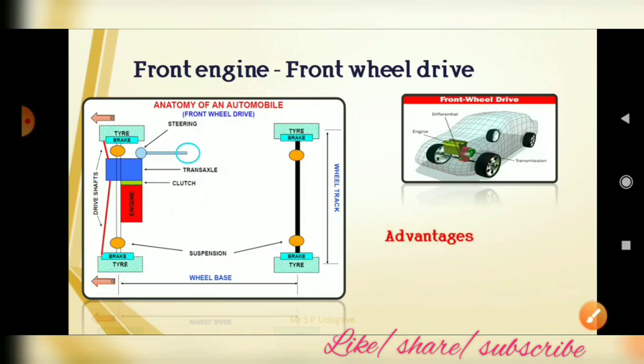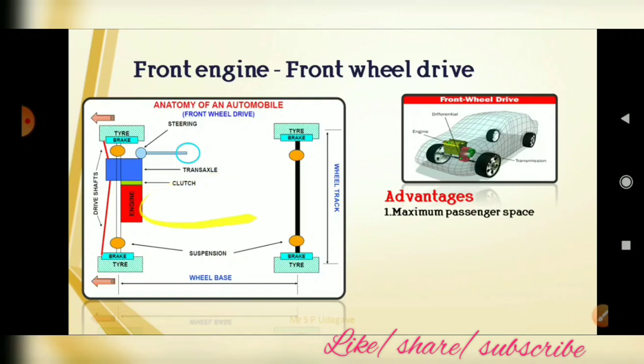This drive also has some advantages and disadvantages. First, maximum passenger space, because there are no linkages provided between the engine and the rear wheels, we can get the maximum passenger space. Next, less weight.